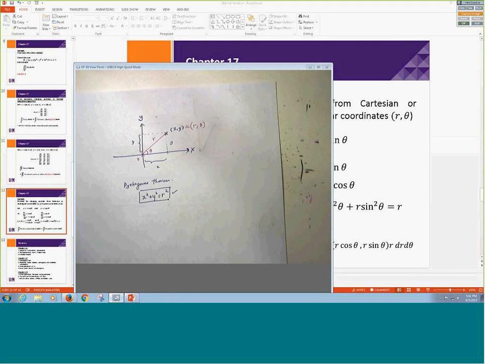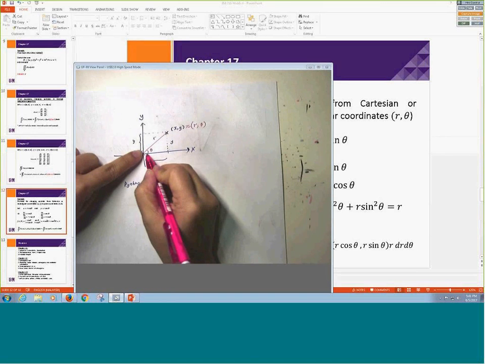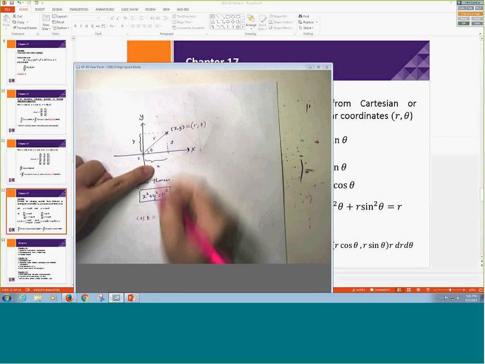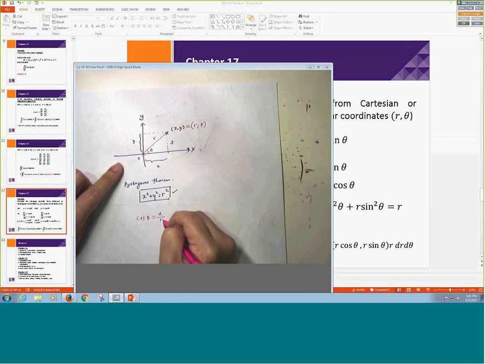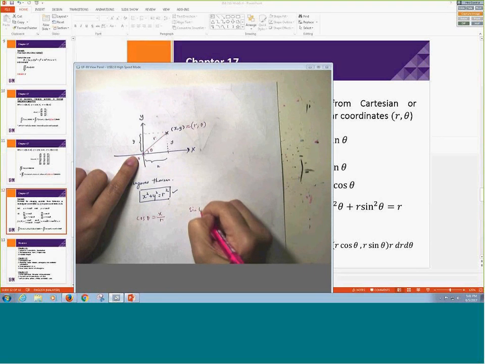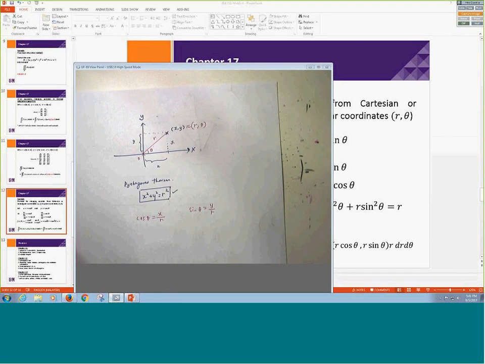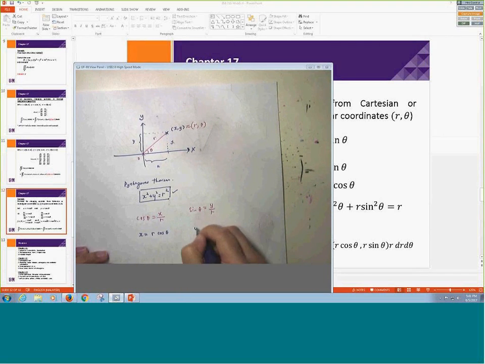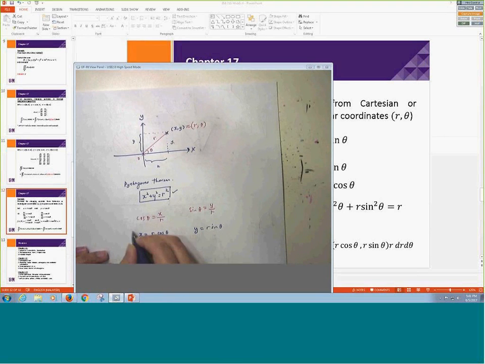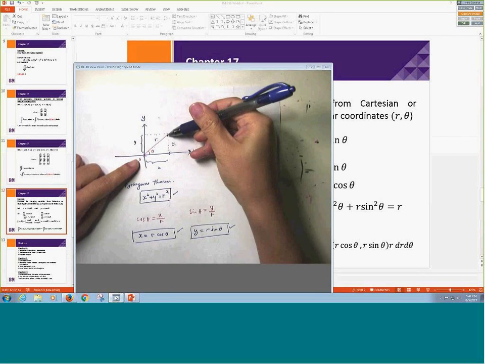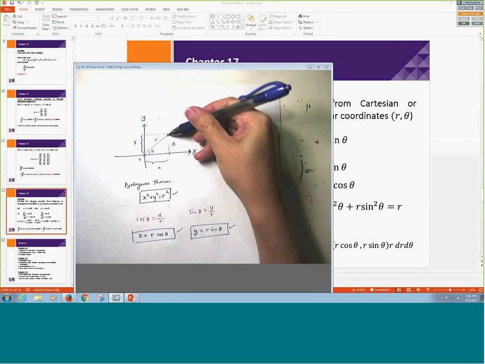The second one, we know from trigonometry that cos theta is x over r, and sine theta is y over r. So I get the next relationship: x equals r cos theta, y equals r sine theta.